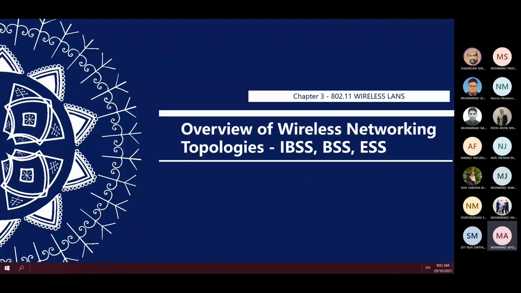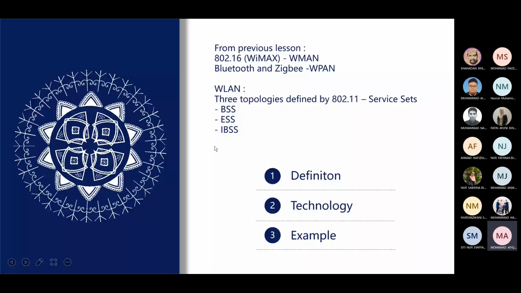Right now I want to present chapter 3, 802.11 wireless LAN, which is overview of wireless networking technologies. And as we learned from previous lesson, wireless metropolitan use 802.16, which is using WiMAX technology, while wireless personal area network use Bluetooth and ZigBee.